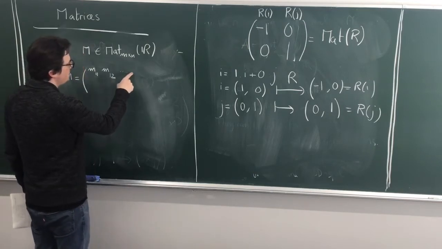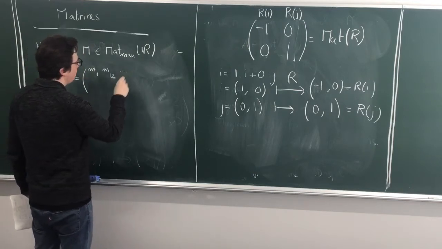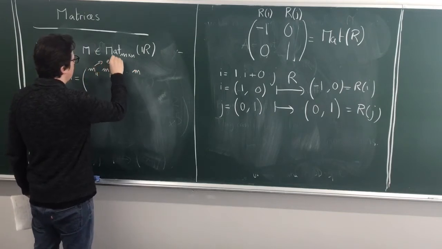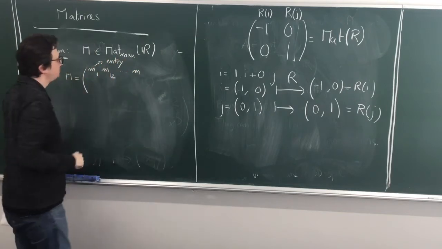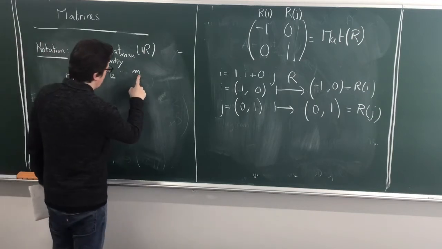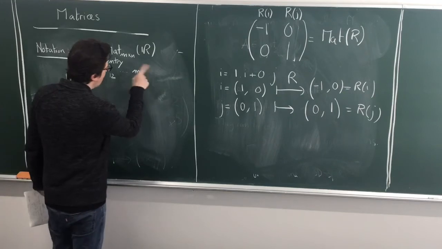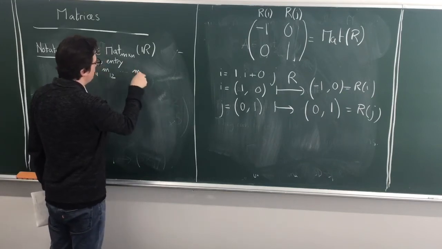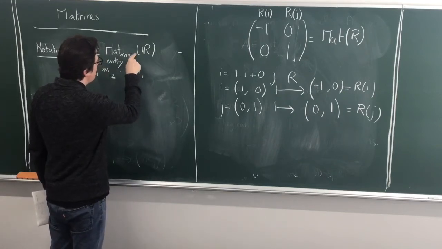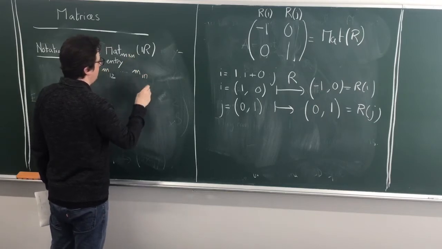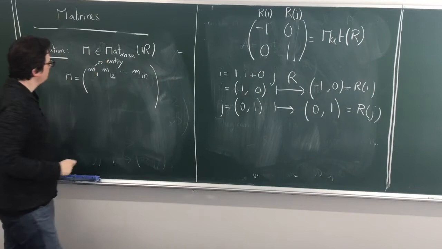I want you to guess what is the last entry here. So this is called an entry. What is the last entry here? Well, first row, isn't it? Now it's the maximum number of columns, the last number. So this number represents the number of columns, so it will be m_{1n}. And I can close my bracket.